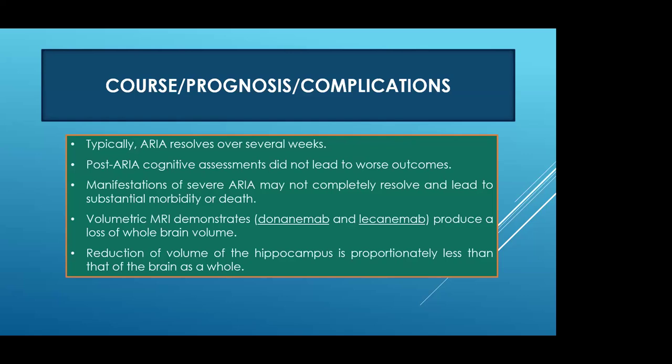Some manifestations of a severe ARIA may not completely resolve, and that's something that we were just mentioning before. These studies are also reporting that volumetric MRI demonstrated that donanemab and lecanemab both produce loss of whole brain volume with reduction of the hippocampus. However, they did mention that the reduction of the hippocampus was not directly proportional to the whole brain volume reduction.